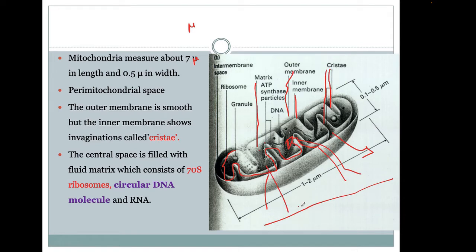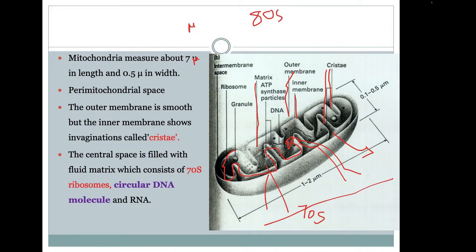Prokaryotic cells have only 70S ribosomes, but eukaryotic cells have both 80S and 70S ribosomes. In the cytoplasm, 80S ribosomes are present, but in the mitochondrial matrix, there are 70S ribosomes, and circular DNA molecules and RNA.